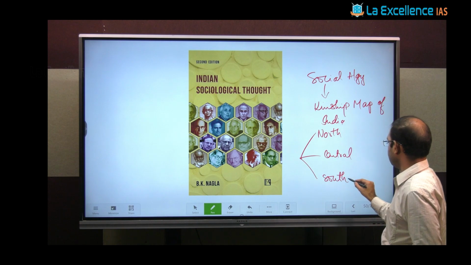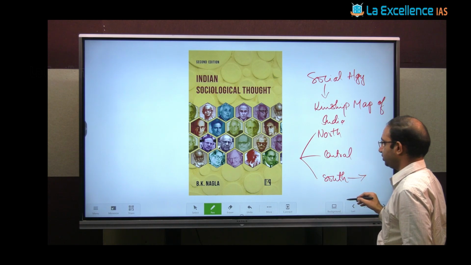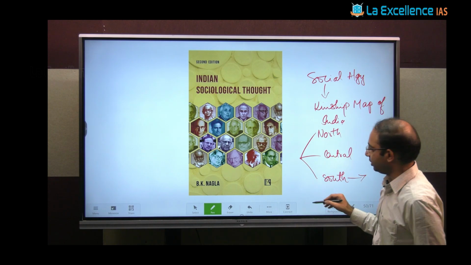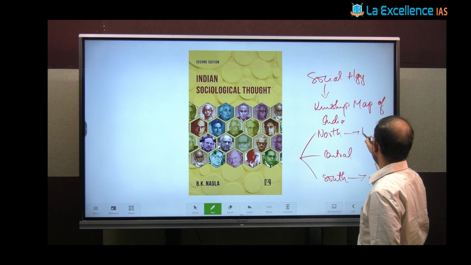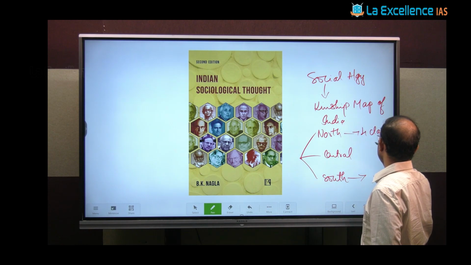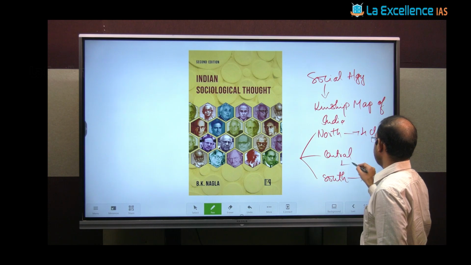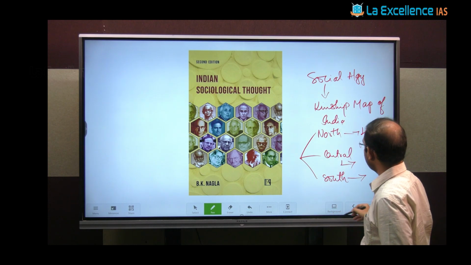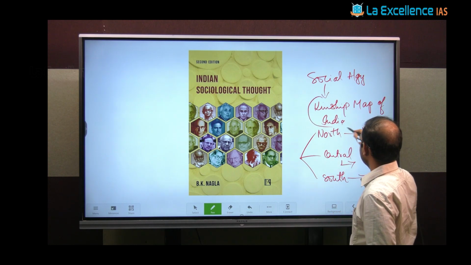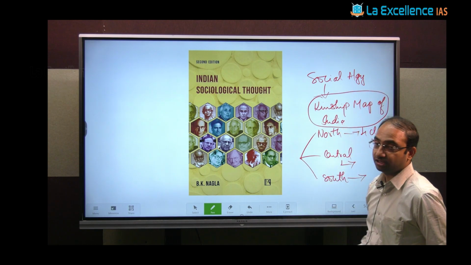She said in South India, people go for cross-cousin marriages, so it leads to consolidation of existing relationships. In North, we see that they follow the four-clan rule, which leads to expansion of ties. In Central India, there is a mixture of both. So she gave a very famous kinship map of India, and this is a very popular original study.